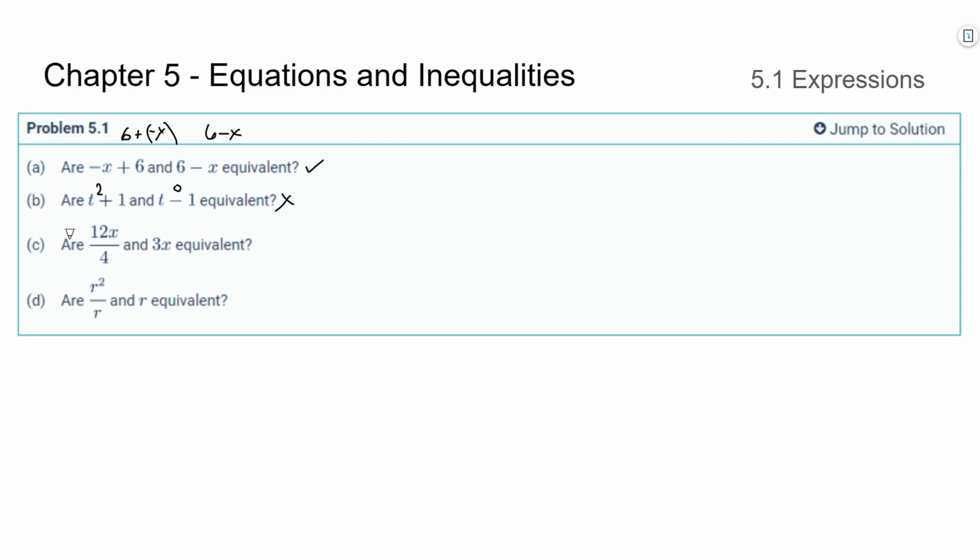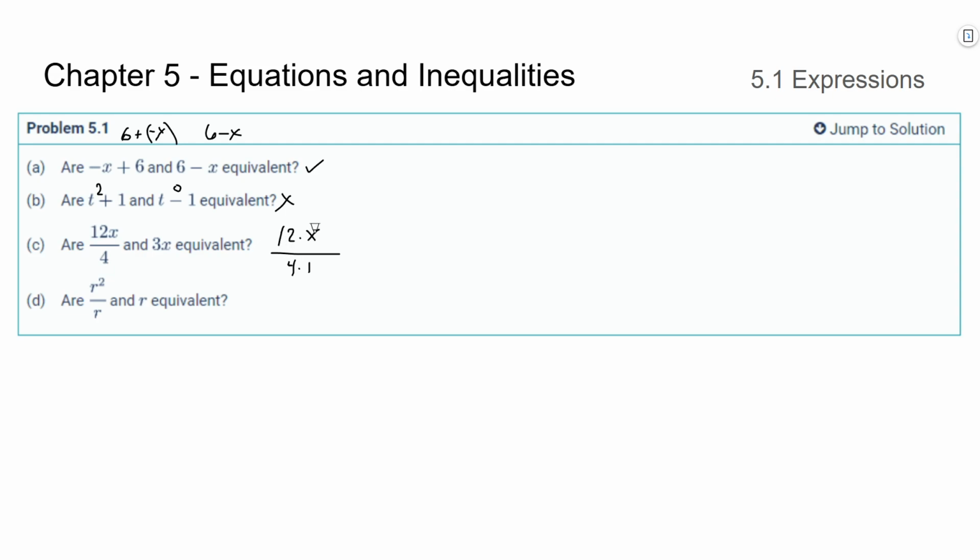Okay, are 12 over x and 3x equivalent? All right, so, well, we know that 12x over 4 is the same thing as saying 12 times x over something like 4 times 1, right?